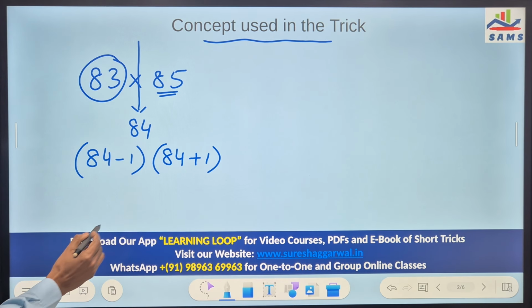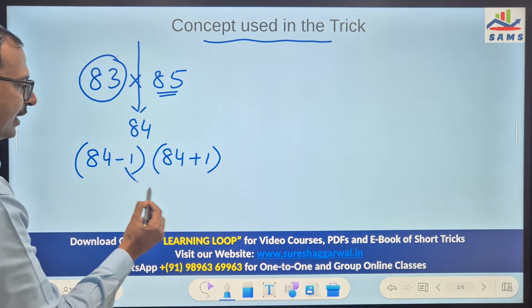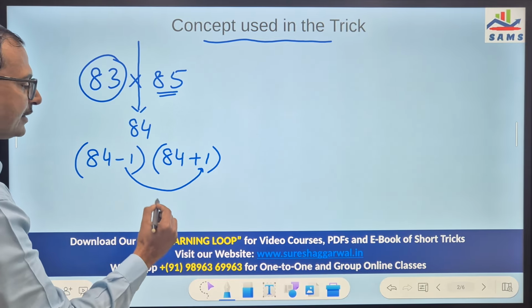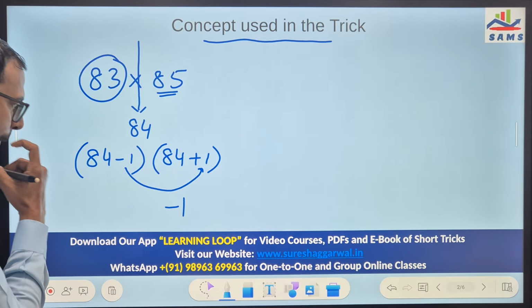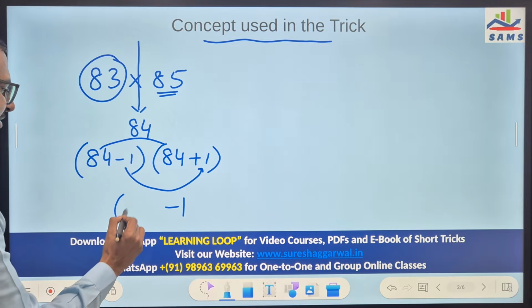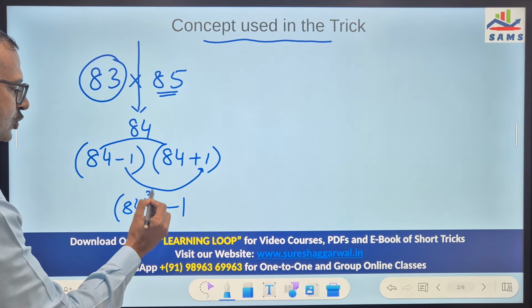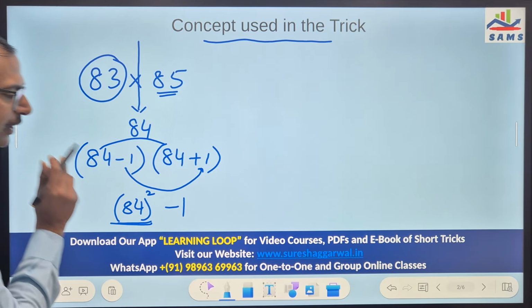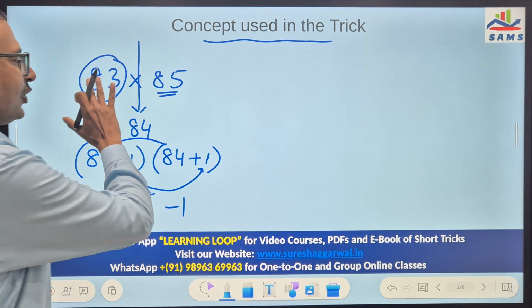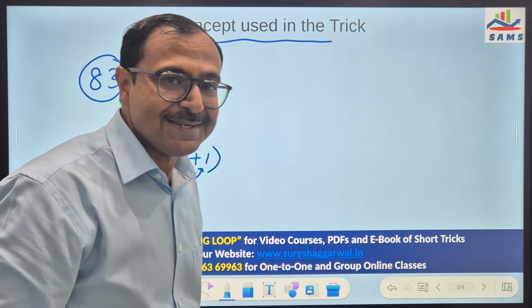So you can see we have this product as 1 into 1, minus 1 into 1 rather, that is minus 1, and all we need to do is to find the product of 84 and 84, which is the square of 84. So if we know how to find the square of a two-digit number using a short trick, this product is also going to be very easy.